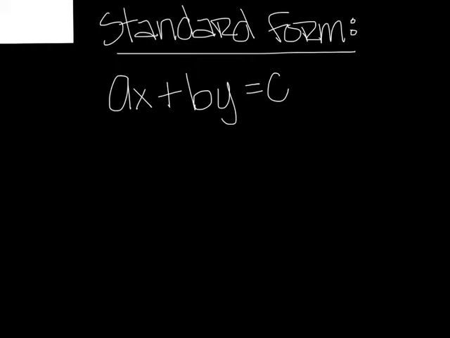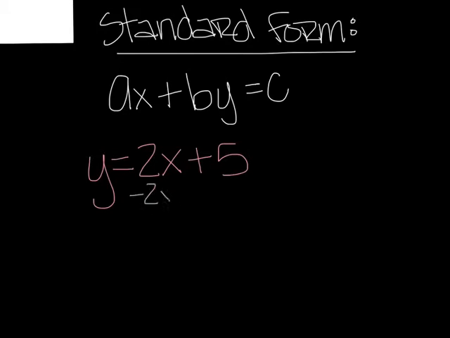So let's go from slope-intercept to standard form so you can see what would be happening. Let's say you were given information in slope-intercept form, so you had y equals 2x plus 5. In order to get this in standard form, we would simply move the x and y variables to the same side of the equal sign.